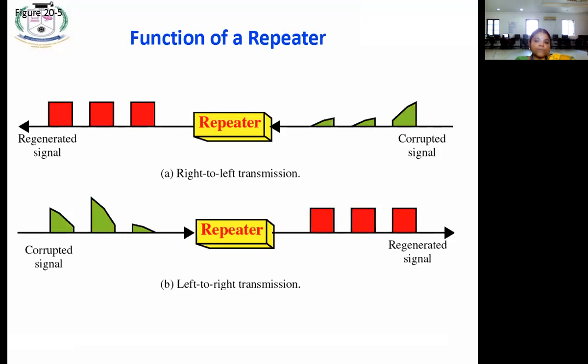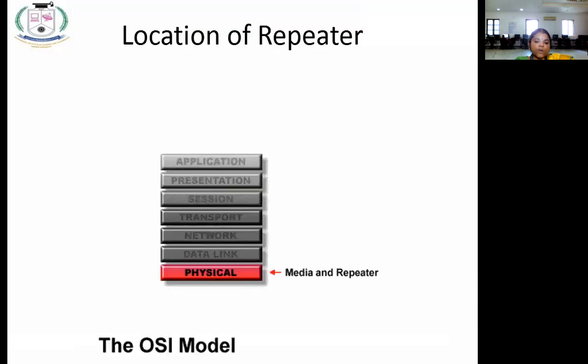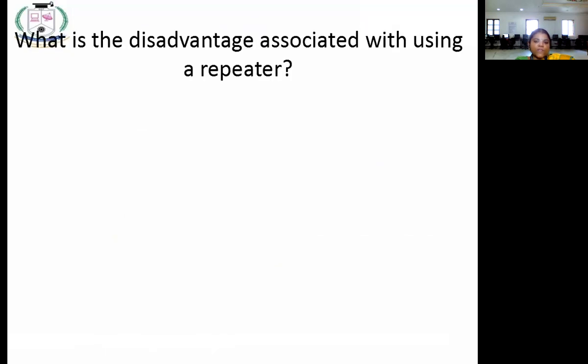This is the function done by a repeater when the data is transferred from right to left or from left to right. This is the place where the repeater is fixed, in the physical layer.